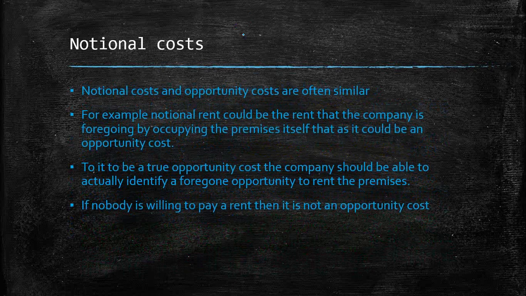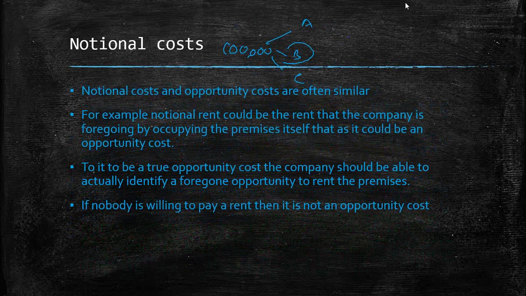You are paying a rent of 100,000 for a particular building, and this building may be occupied by the Unit A division, Unit B division, and Unit C division, maybe by floor area or whatever it is. So you might decide to shut down the Unit B division because it's not making a profit for you.